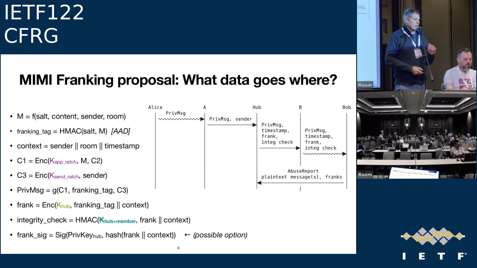Let's see. The encryption in C1 and C3. This is a gross simplification, but it is how MLS encrypts a private message. This is just a sort of a representation of that.